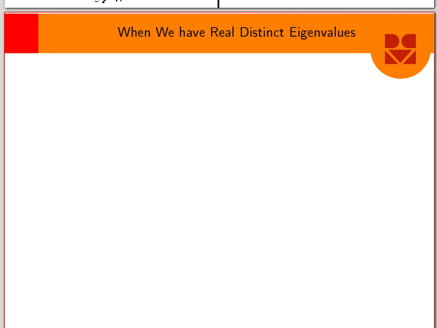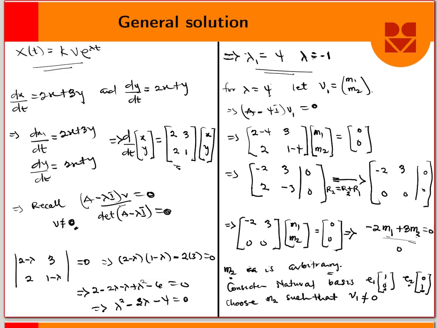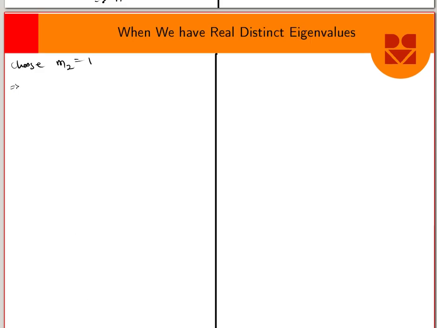So in doing so, we choose our m2 to be equal to 1. When we do that, we have negative 2m1 plus 3m2 should be equal to 0.